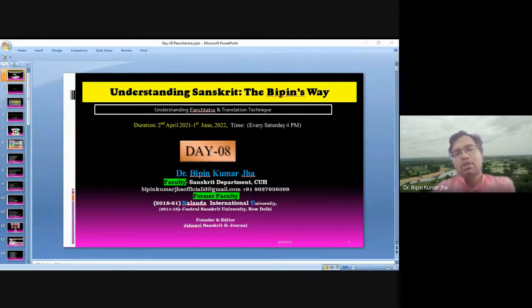Okay, and whatever we have studied today, we will recap it. Today we will try to understand the Jatak Kathas as well as Panchatantra in Indian tradition. Not only this, we will try to understand the text, and the meaning behind the words written in the text.